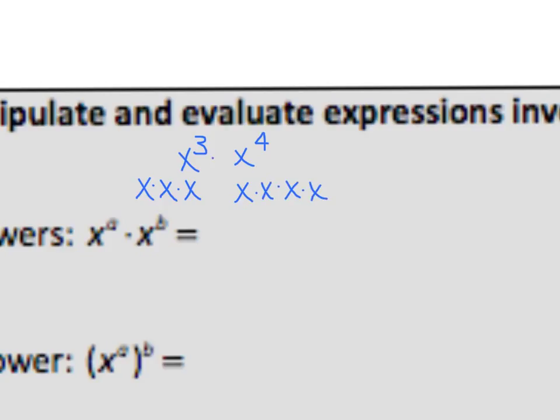Because these two are being multiplied together, that's the same thing as 3 x's being multiplied times 4 x's, which means I have a total of 7 x's. So when I'm multiplying the common bases together, notice that they're the same x, all you do is add those exponents together. So we can write this as a plus b.